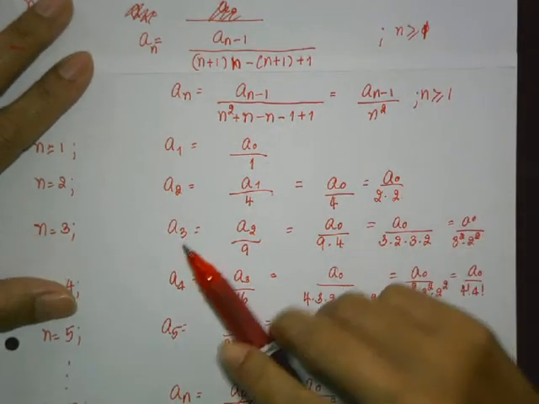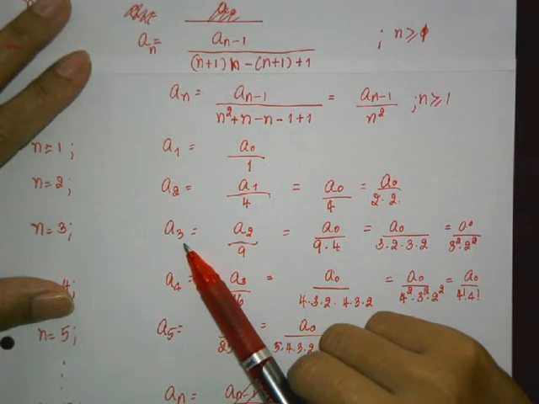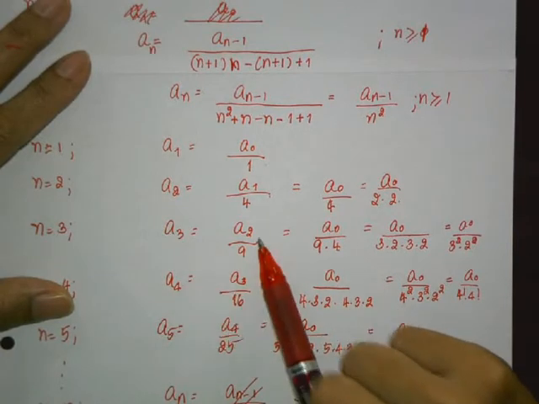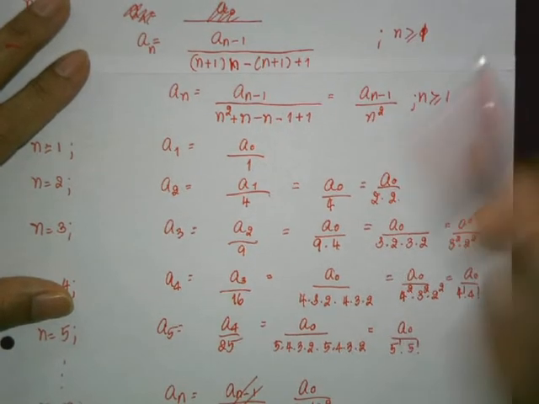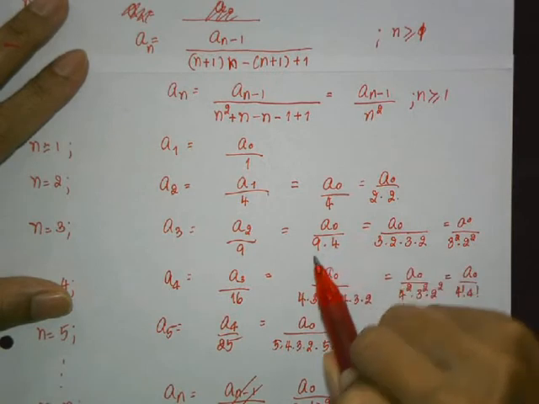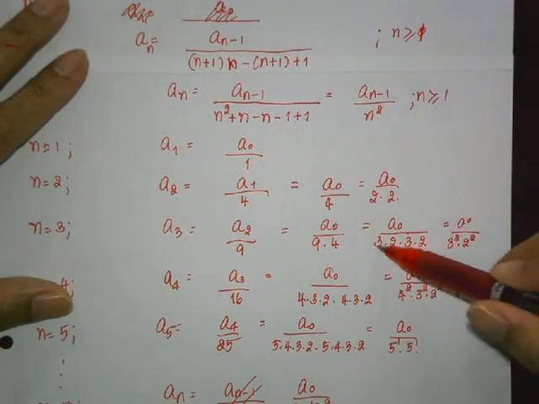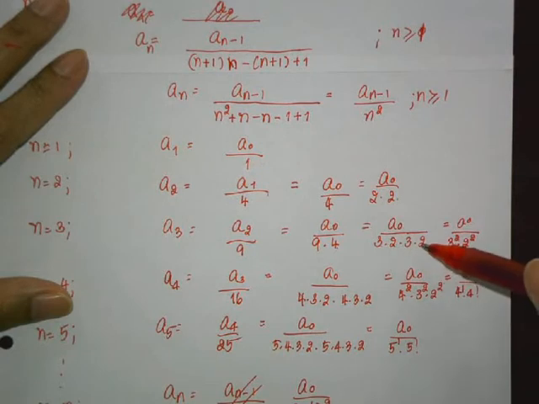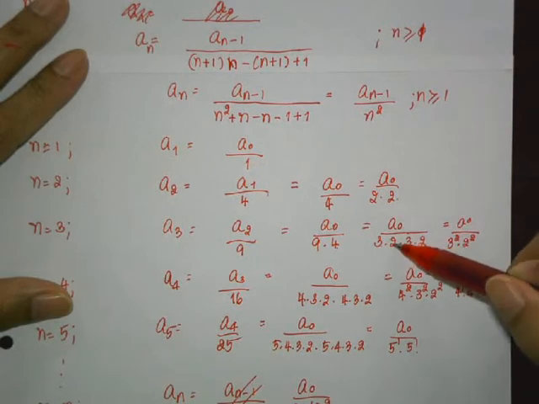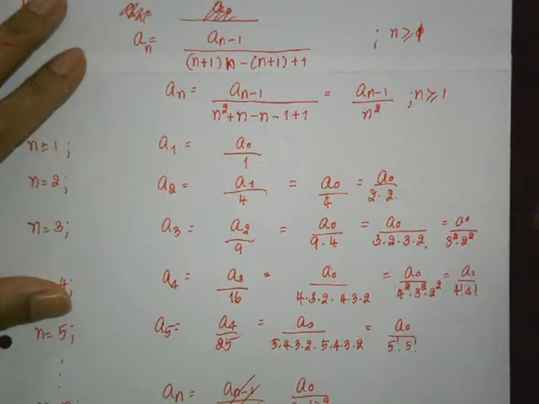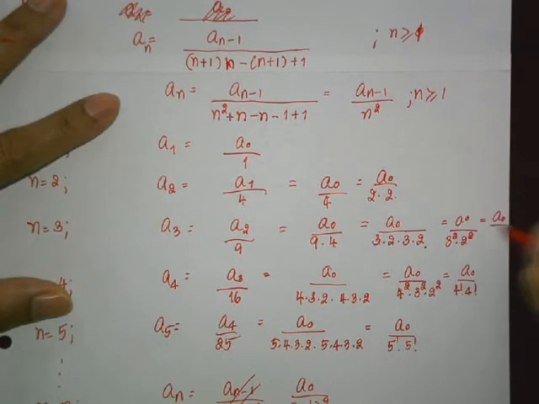And then when we put n equal to 3 there, we got a3 is equal to a2 divided by 9, which is equal to a0 divided by 9 times 4. And 9 times 4 is 3 times 2 times 3 times 2. 3 times 2 is 3 factorial. This one is a0 divided by 3 factorial times 3 factorial.